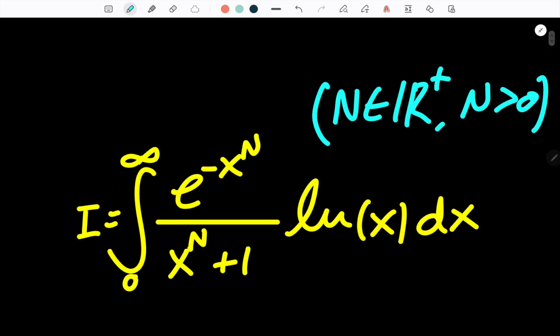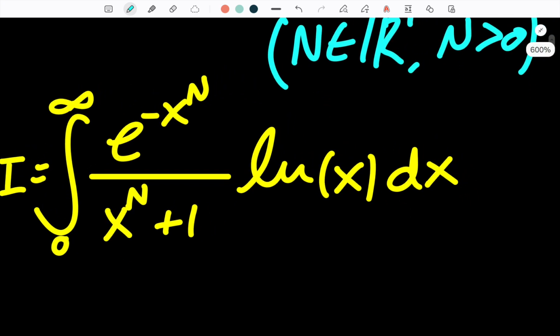Okay, cool. The second thing I would like to do is to notice we have a natural log function.